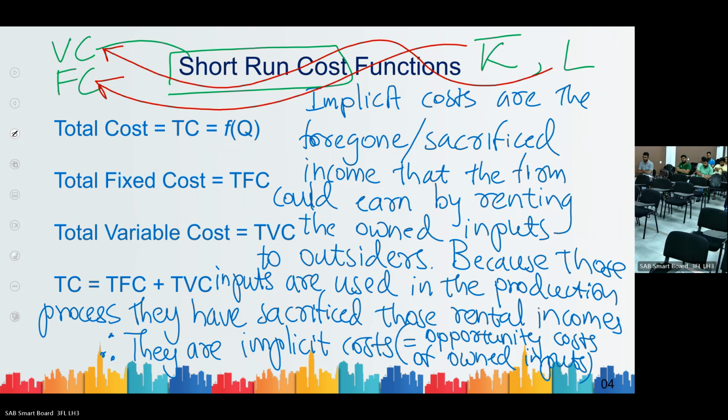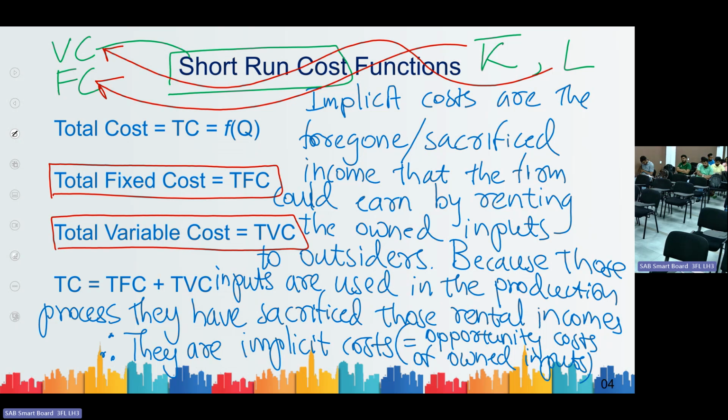Total fixed cost we abbreviate as TFC. Total variable cost we abbreviate as TVC. Total cost is the summation of TFC and TVC.